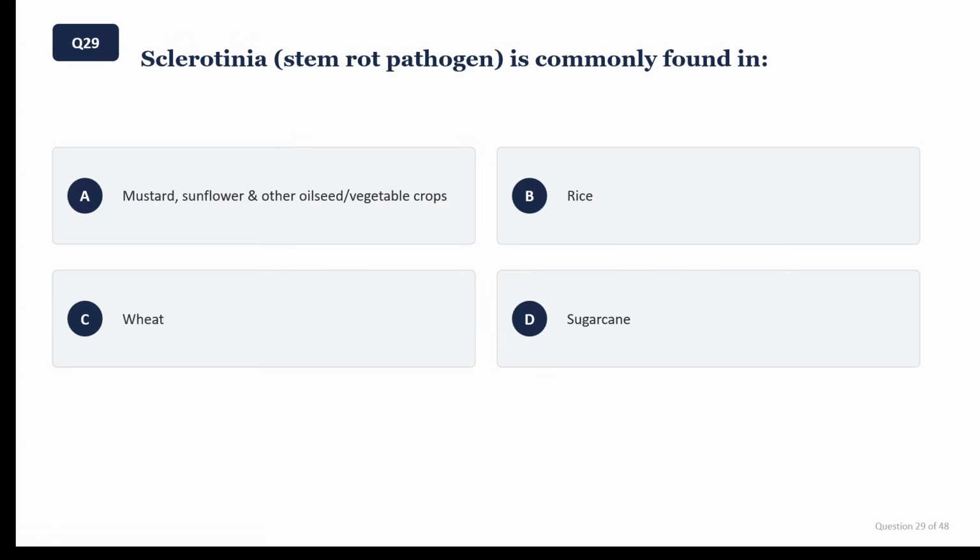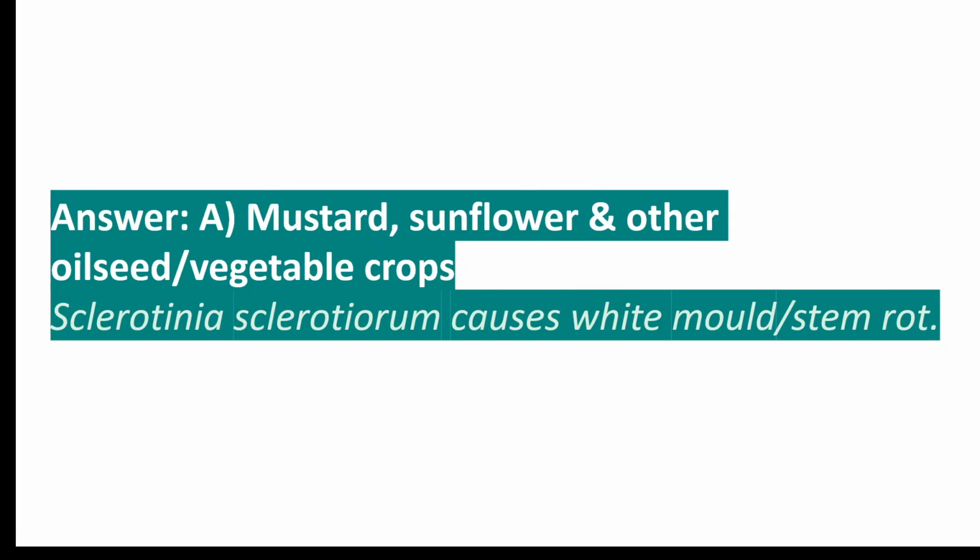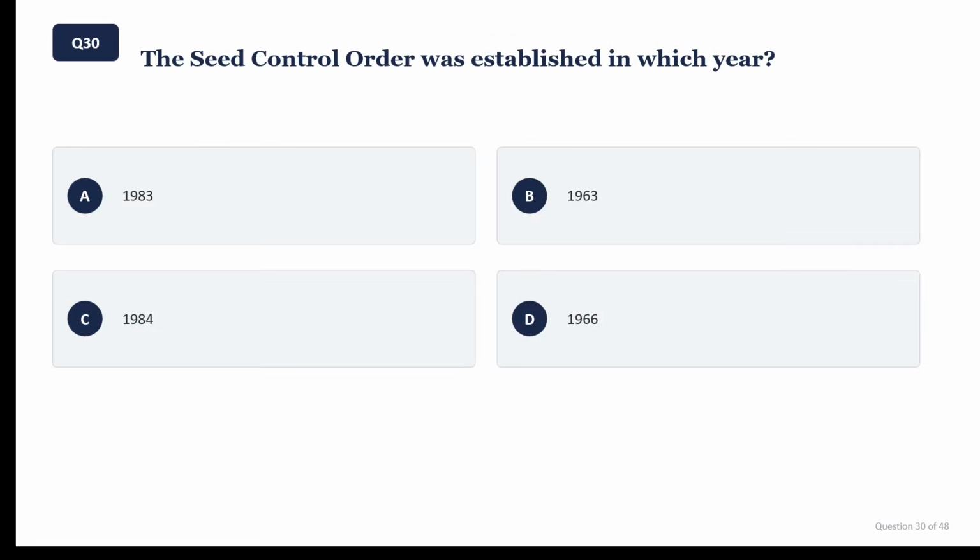Sclerotinia stem rot pathogen is commonly found in mustard, sunflower and others, or rice or wheat or sugarcane. This is a common question: mustard, sunflower and others. The Seed Control Order was established in which year? You always know 1963.